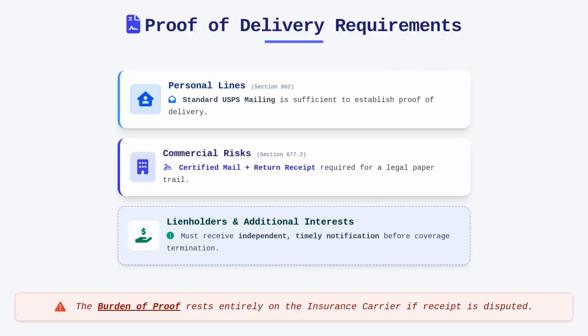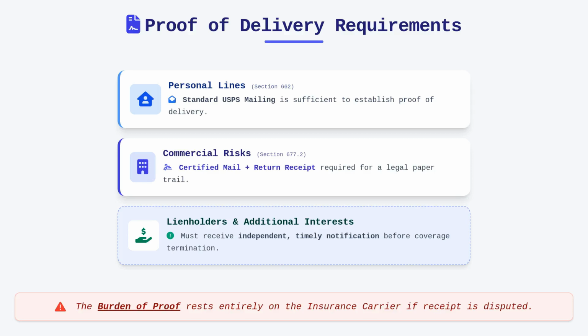An insurer must maintain robust documentation to provide indisputable proof of delivery for every notice issued. For personal lines under Section 662, standard proof of mailing via the United States Postal Service is generally sufficient to establish that the notice was sent. For commercial risks subject to Section 677.2, the state requires a higher threshold of verification, often demanding certified mail with a return receipt requested to guarantee a legal paper trail.